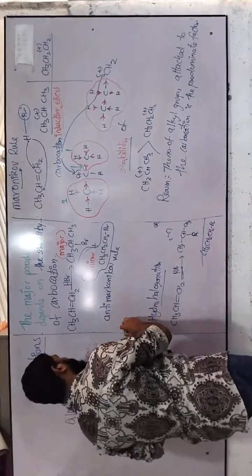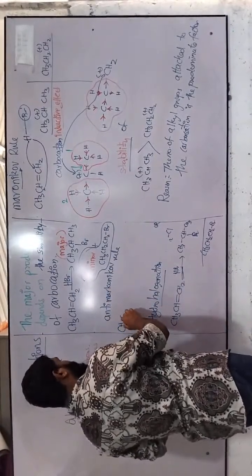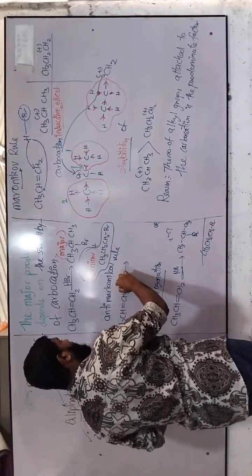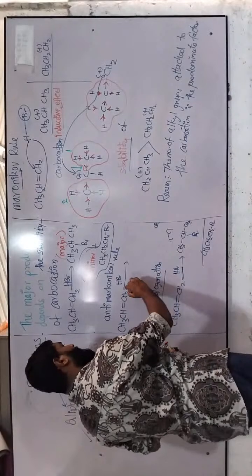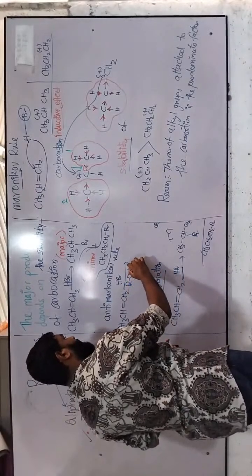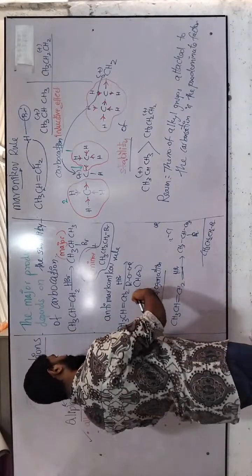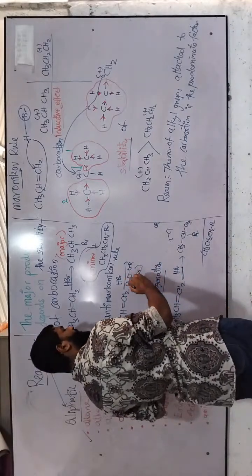What you have to do is take the same alkene, and add HBr and organic peroxide, or you can use hydrogen peroxide also, no problem. Most probably they'll give you the organic peroxide.